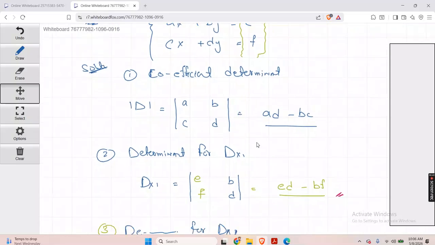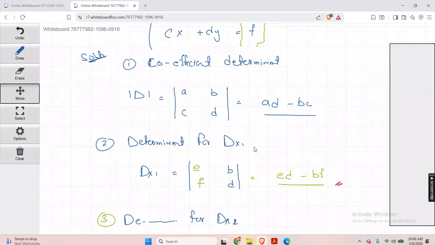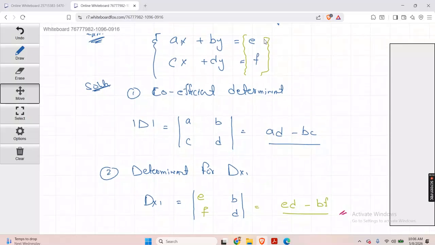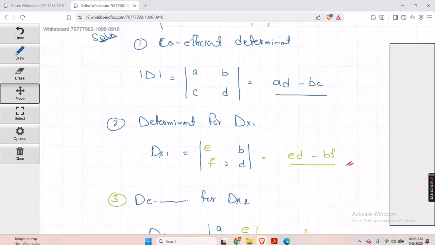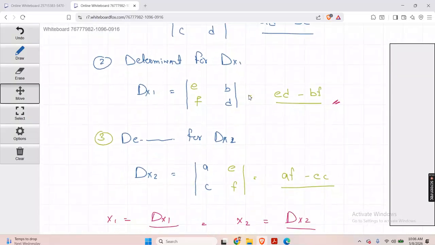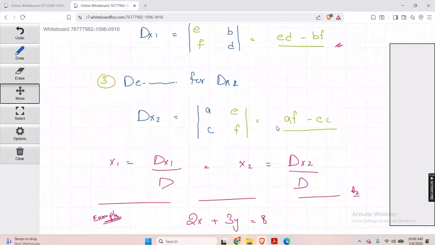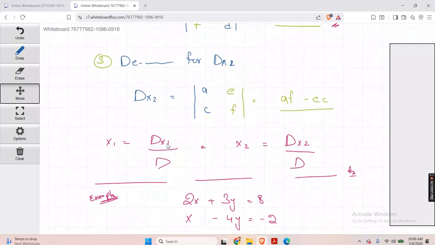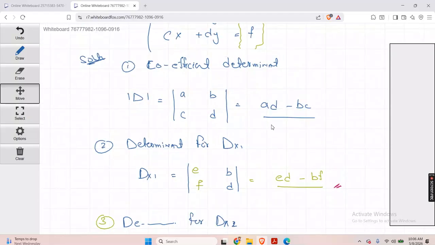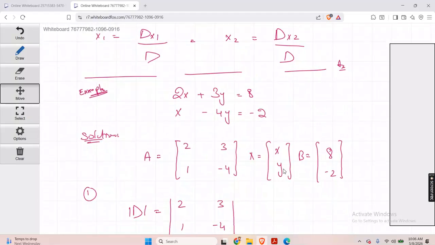Once you find the determinant, then you need other values for x1 and x2. And those ones also you have to do by determinant. So how you will do it? Just you have to change the columns. This constant matrix, just change the column in Dx1, you will get the determinant, then same change another second column in Dx2, you will get another determinant. So just divide those determinants by the main determinant you get here, you will get the value for x1, x2.